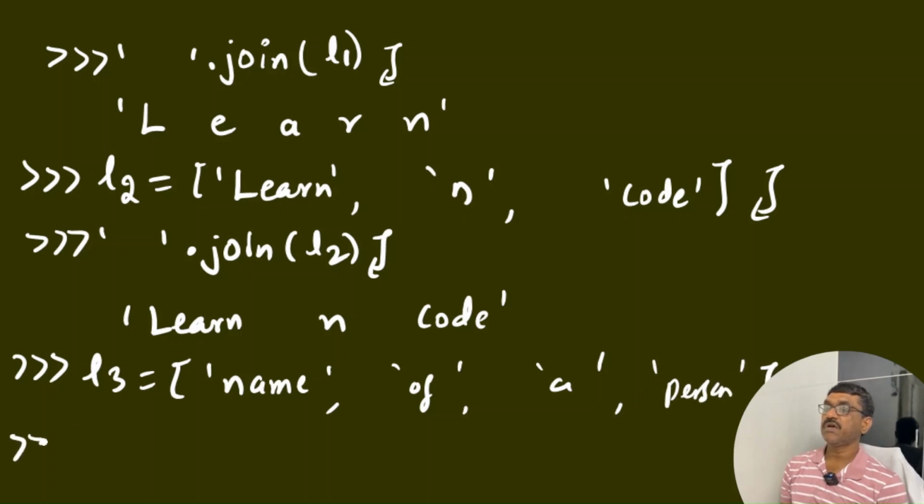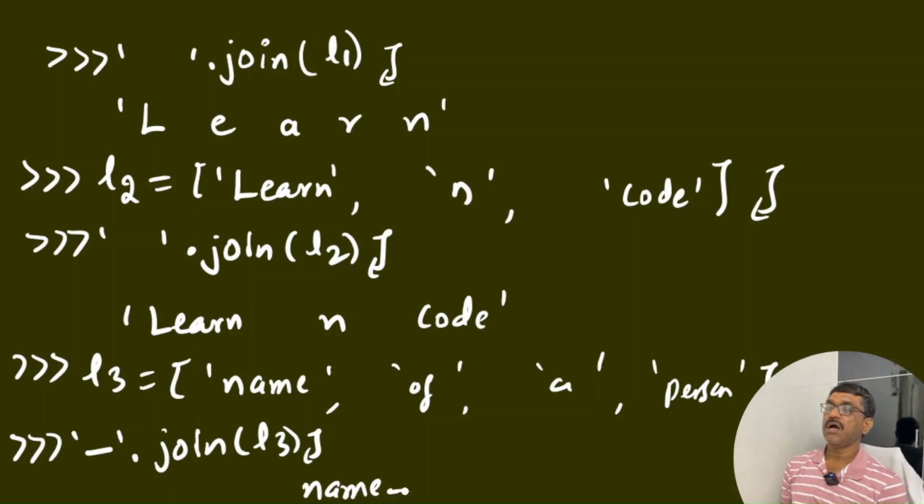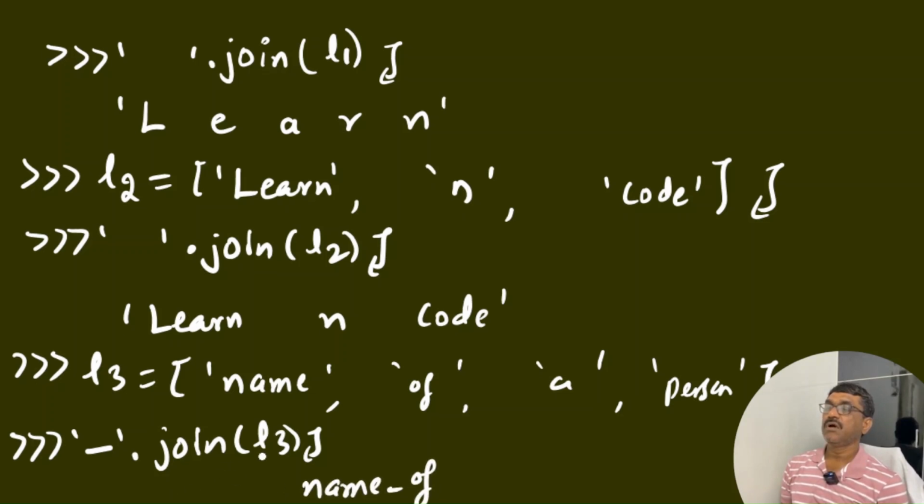Here, in this case, if I mention the separator hyphen in single quotes, dot join, and if you mention the iterable L3 and press enter, we are going to get it like this: name hyphen of hyphen a hyphen person. So this is how the elements of the iterable can be joined.